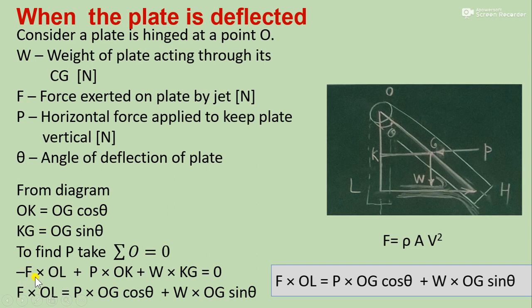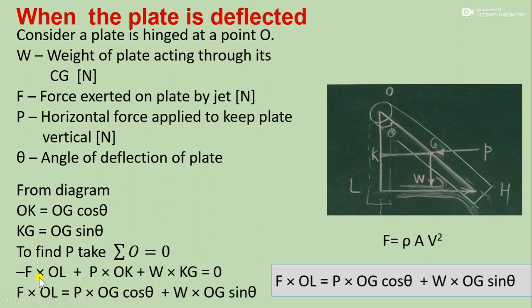So here we have the equation: minus F multiplied by distance OL, plus P into distance OK, plus W into distance KG, because this is the W line of action and this is the O line of action, so the distance between these two is KG, is equal to 0.